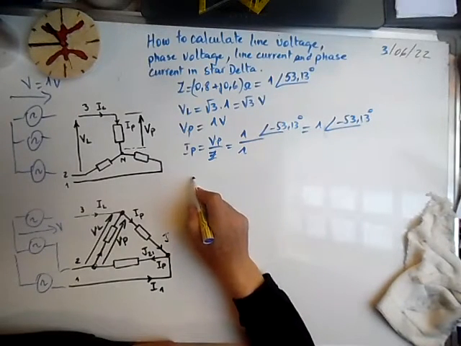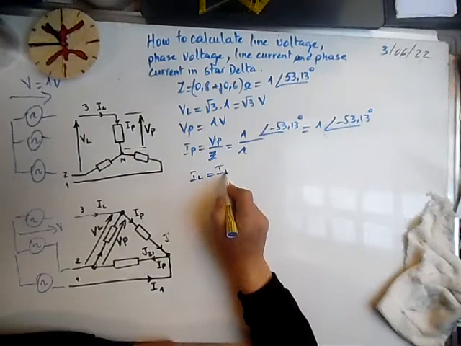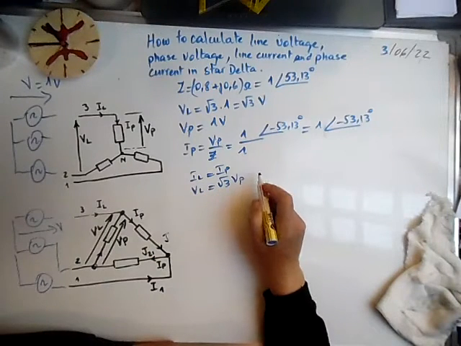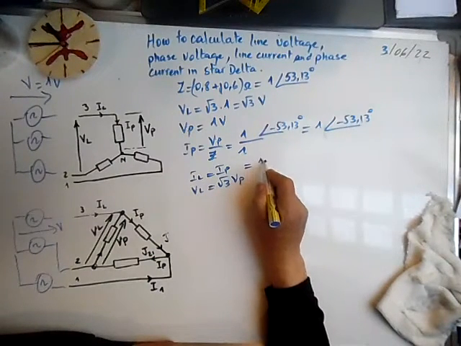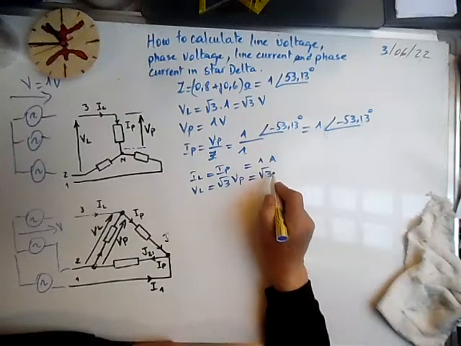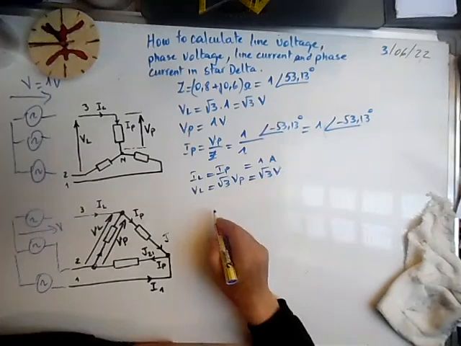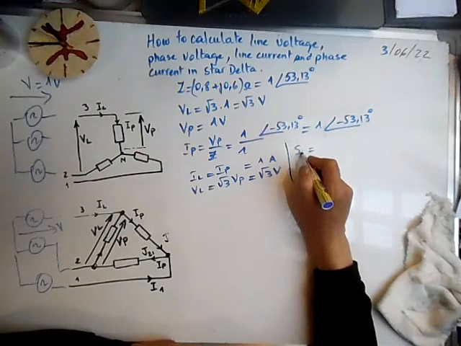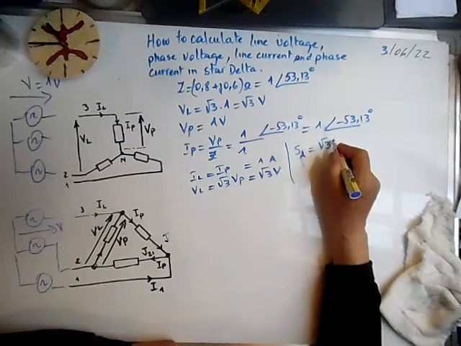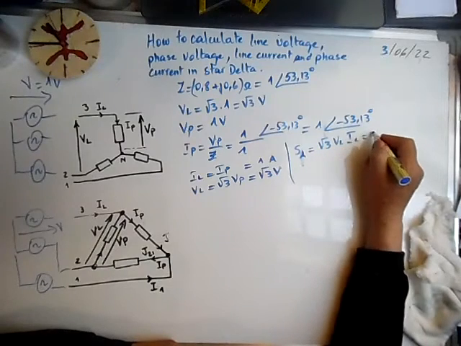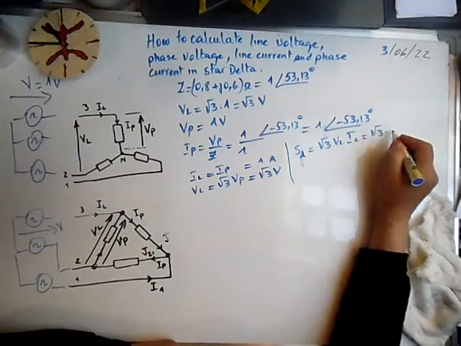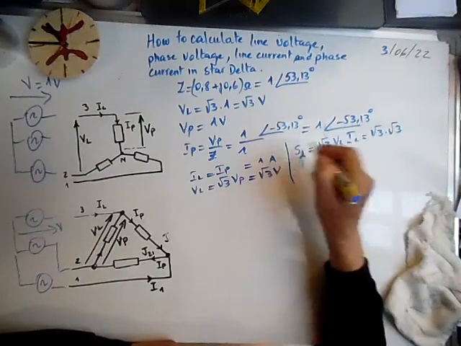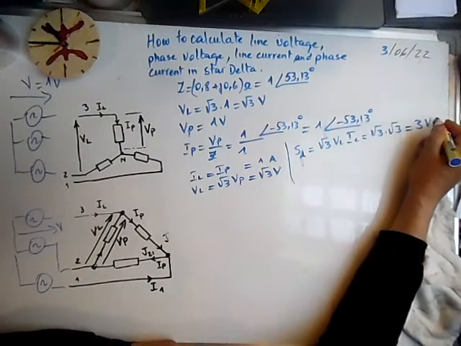So we know that the line current is equal to phase current. We know that V line is equal to square root of 3 times V phase. So here we have 1 amp, and here we have square root of 3 volts. So we can calculate SL, the total power, square root of 3 VL IL, and it's square root of 3 times VL, which is square root of 3, times IL, which is equal to 1, and it's equal to 3 volt amps.